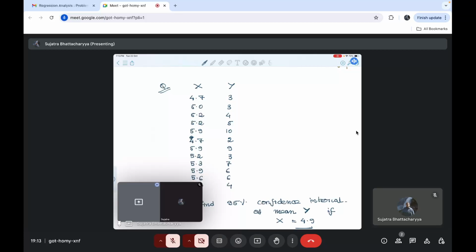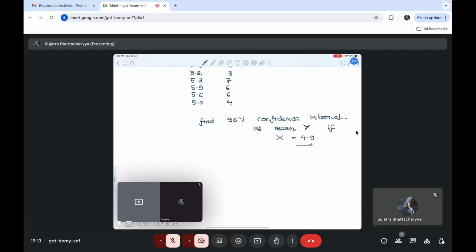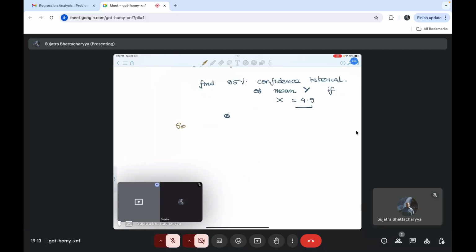So let us first fit the model. Since it is a linear regression with one regressor variable, it will be y equal to beta naught plus beta 1 x plus epsilon.